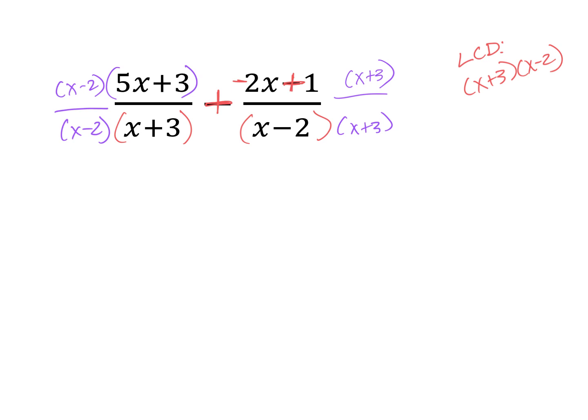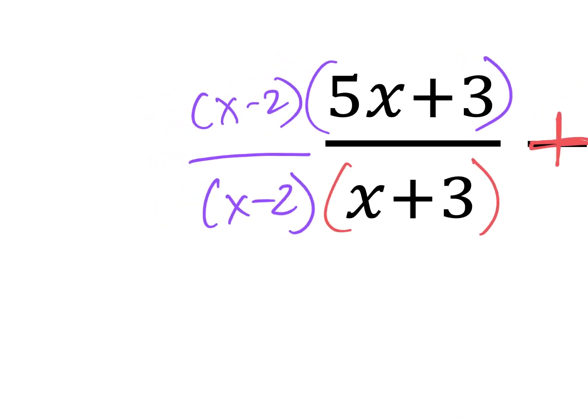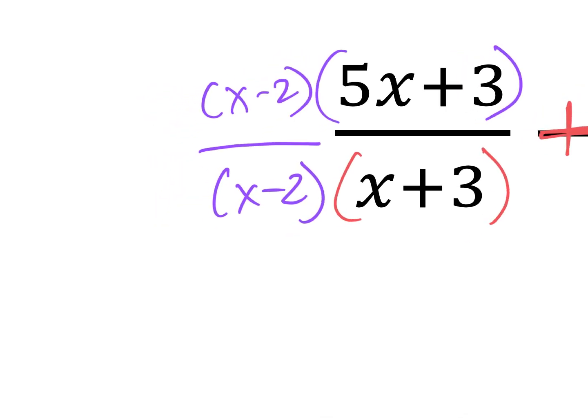Okay. Do you mind if I just zoom here for a second? Is that okay? If I try to multiply the numerator there, I have x minus 2 across the top, and I have 5x plus 3 here on the side.